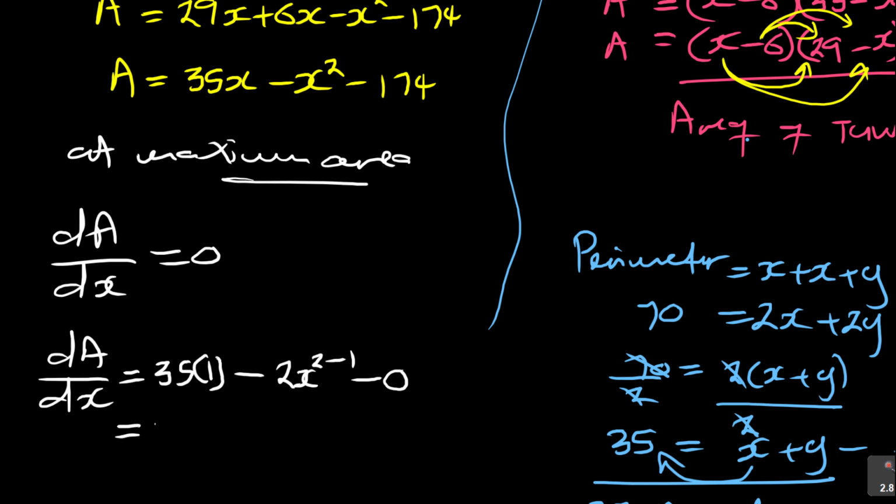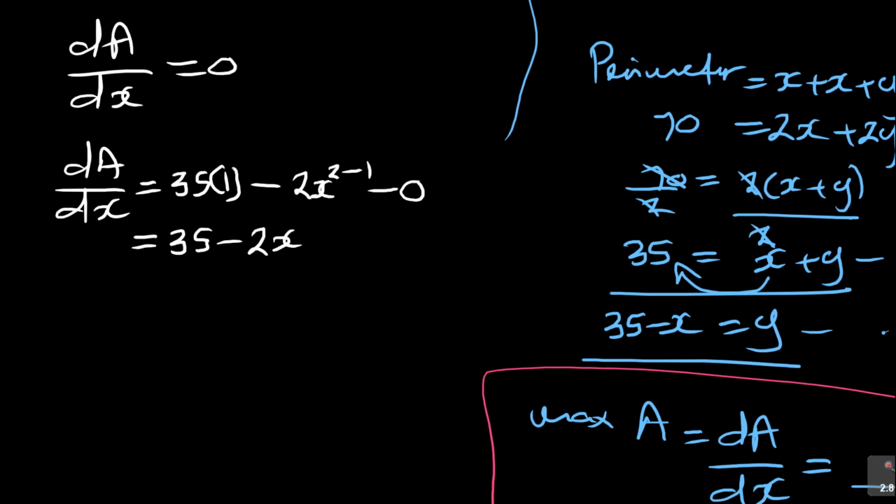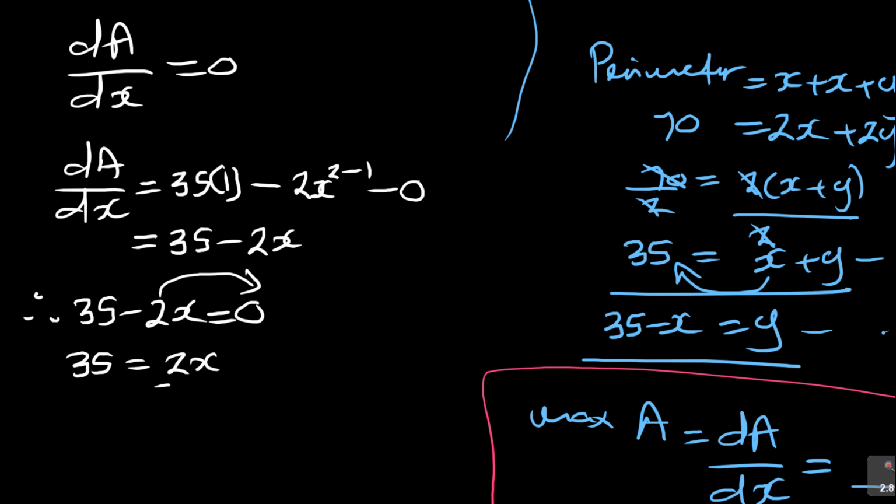So this becomes 35 minus 2x. But we did mention that at the maximum this is equal to 0. Therefore 35 minus 2x is equal to 0. Take x to the other side, so it's 35 is equal to 2x. You're solving for x now. You divide by 2 on both sides. Guess what? There is the answer. 35 over 2 is equal to x.